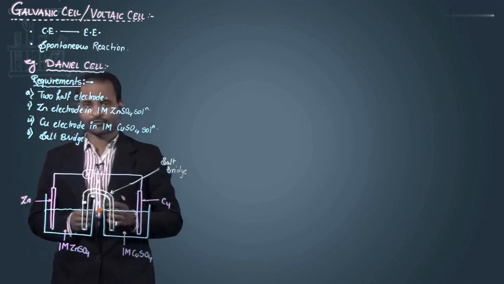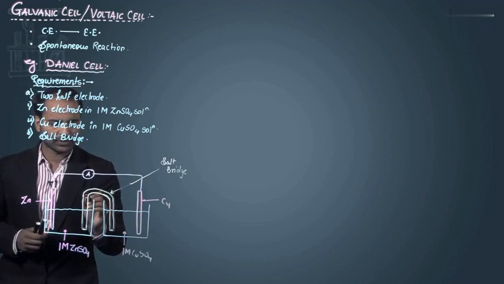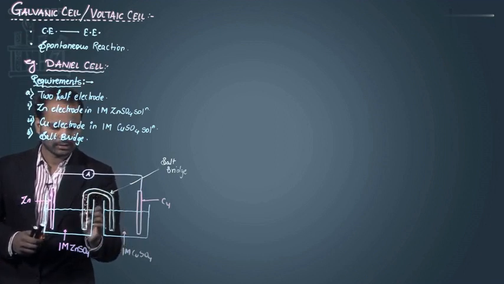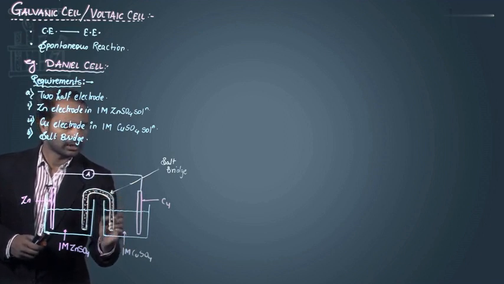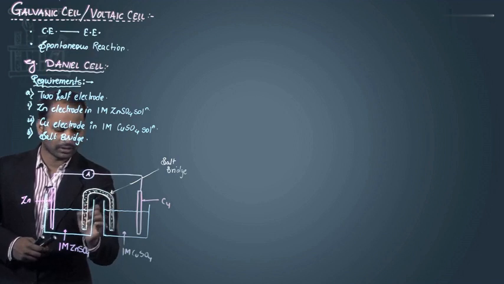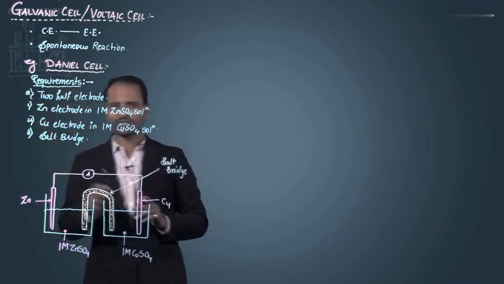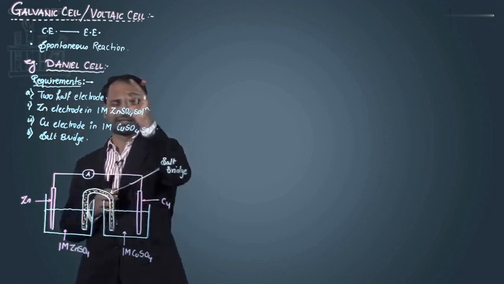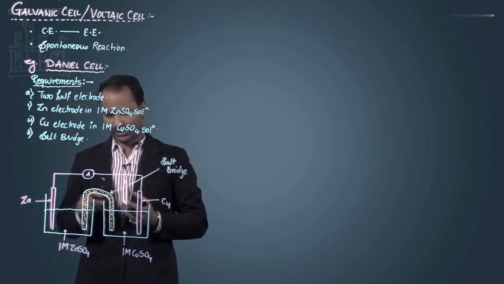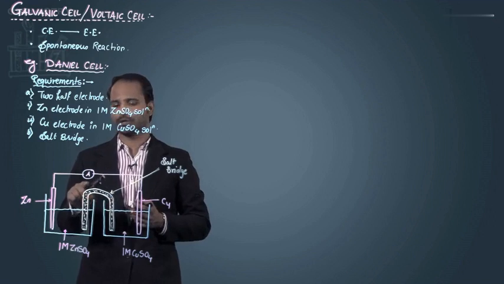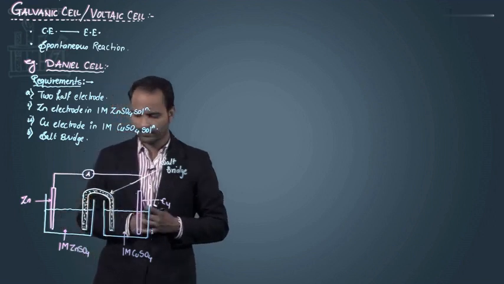This salt bridge is also filled with some electrolytes which produce ions, and the end of the salt bridge is plugged with glass wool or cotton. And this is the ammeter or galvanometer, which is used to measure how much electricity is generated.